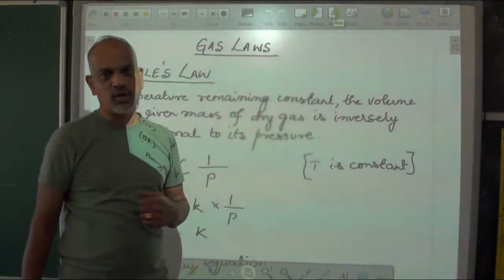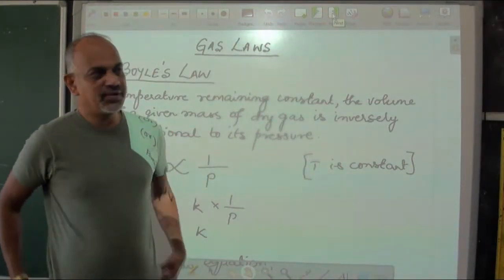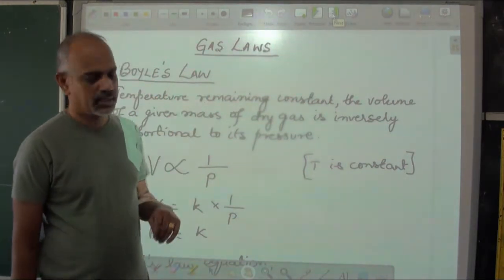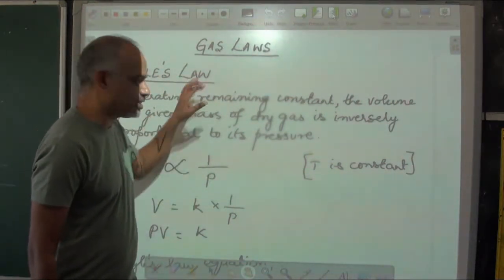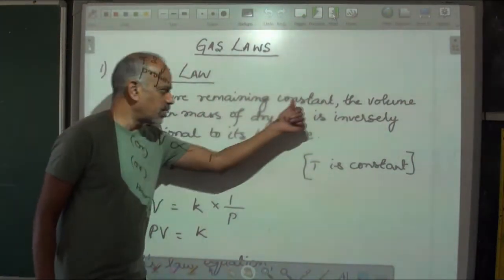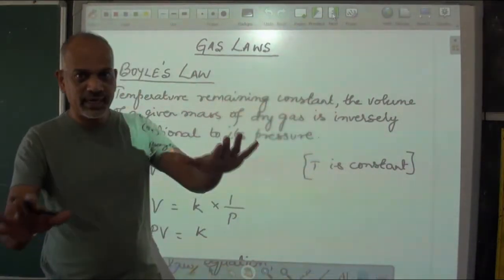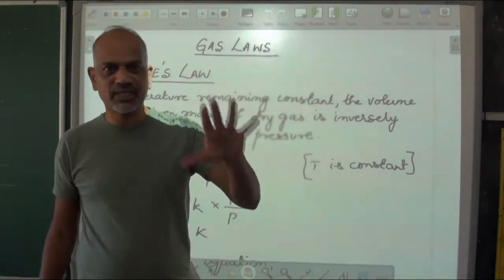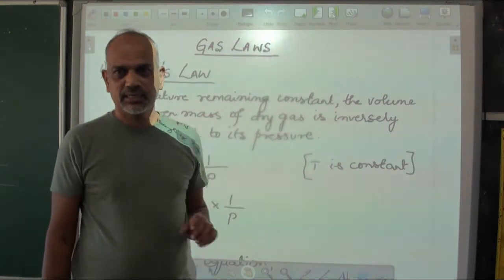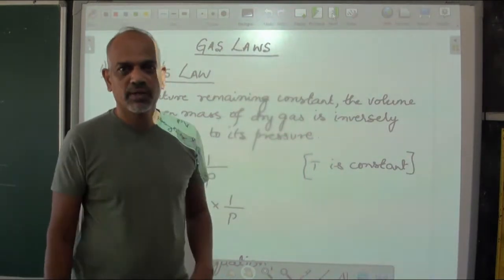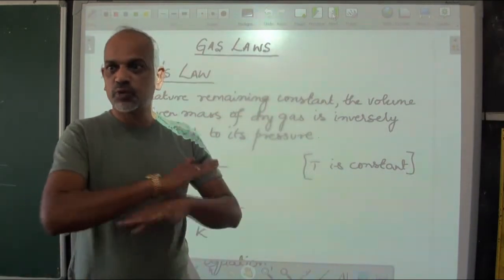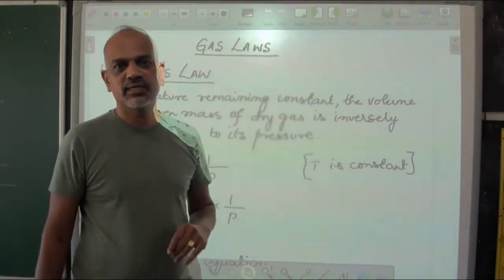coming to gas laws. The first gas law is called Boyle's law. Now what Boyle's law states is, temperature remaining constant, we are going to take the temperature to be a fixed value. We are not going to alter the temperature. Say the temperature in this room now is 20 degrees Celsius. So I am going to keep the temperature throughout at 20 degrees Celsius.